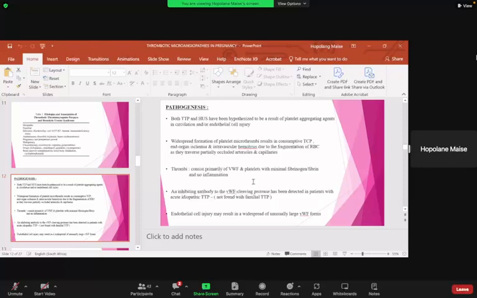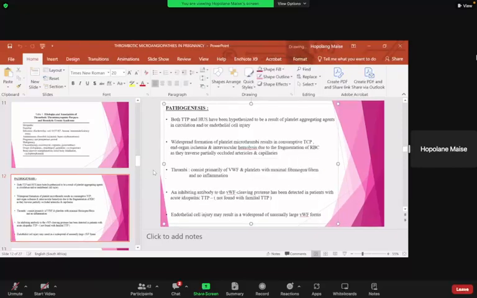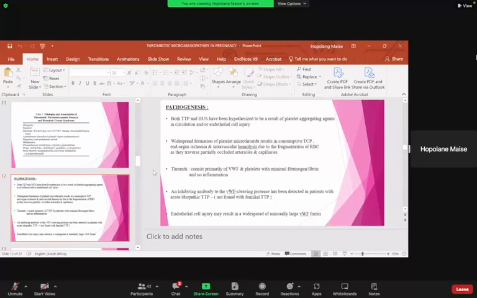The thrombi itself consists primarily of von Willebrand factor and platelets with minimal fibrinogen or fibrin and no inflammation. An inhibitory antibody to the von Willebrand factor cleaving protease has been detected in patients with acute idiopathic TTP, but not in familial TTP. So endothelial cell injury may result in a widespread of unusually large von Willebrand factor forms.